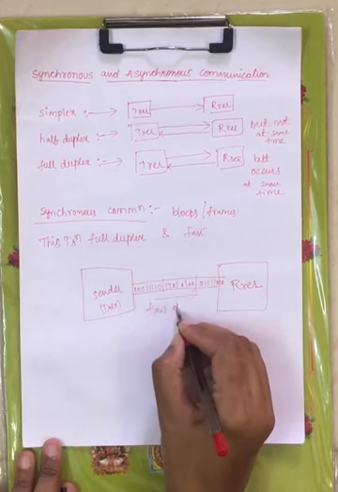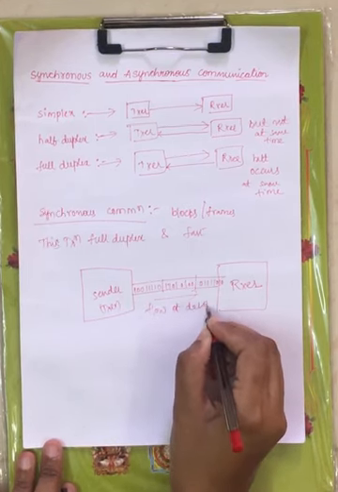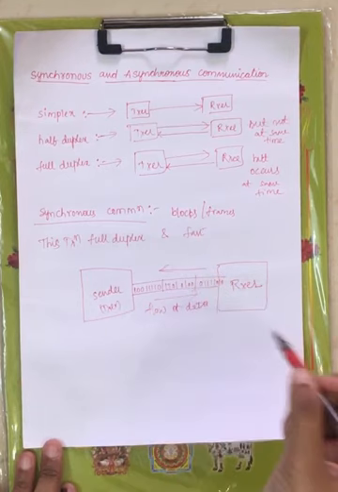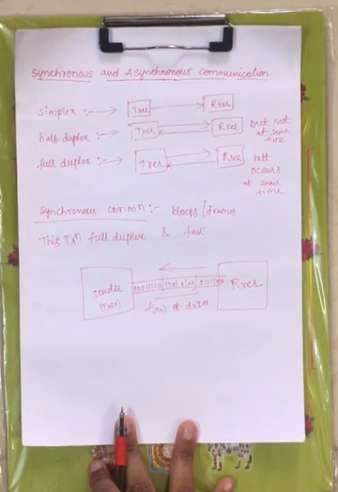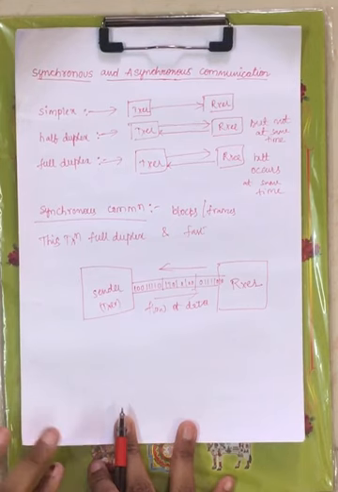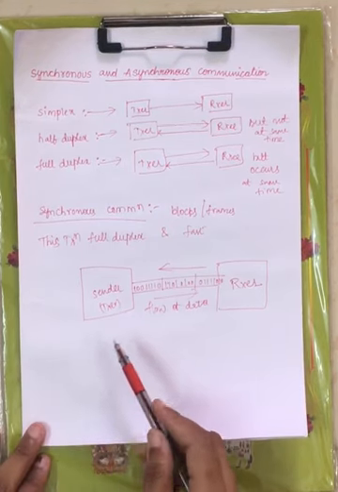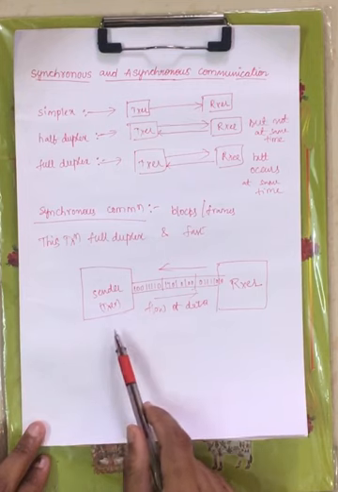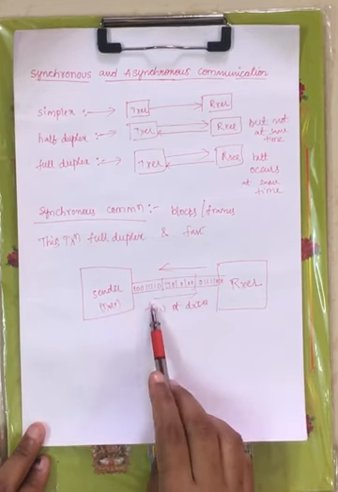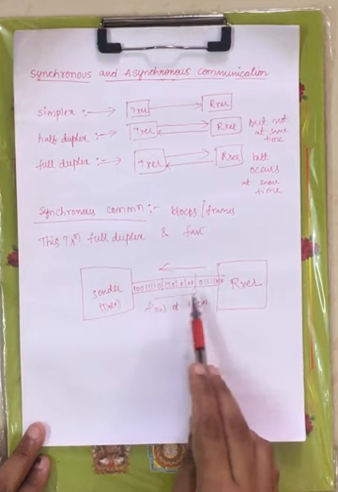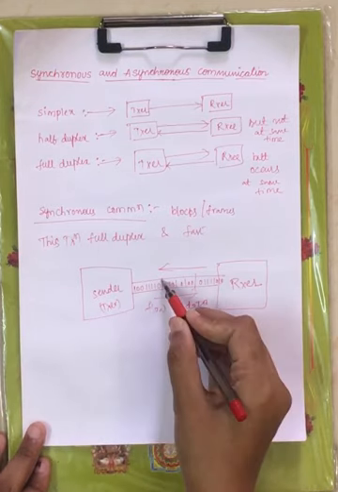Flow of data in one direction, but at the same time flow of data in this direction is also possible, since it supports full duplex transmission. If you see this block diagram, the sender is sending the data and the receiver is receiving the data. The data is sent in the form of blocks or frames, nothing but 8-bit data.